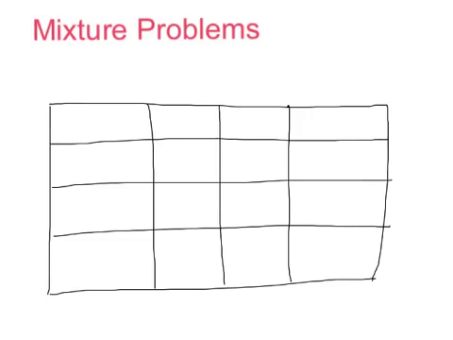In general, we're going to use a chart method to solve this. The way the chart is set up is usually you have an original solution or original type of object. To that original, you're going to be adding something in order to get a final solution, sort of the end result.